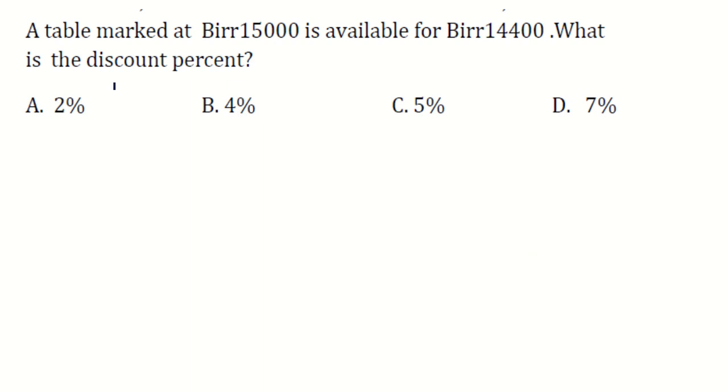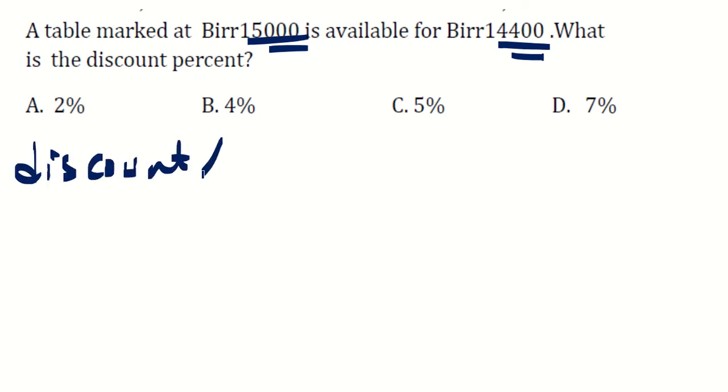The next question: a table marked at 15,000 is available for 14,400. What is the discount? Okay, this was the original price, but this time the price is tagged at 14,400. So what percent is the discount? To know the discount percentage, what to do?